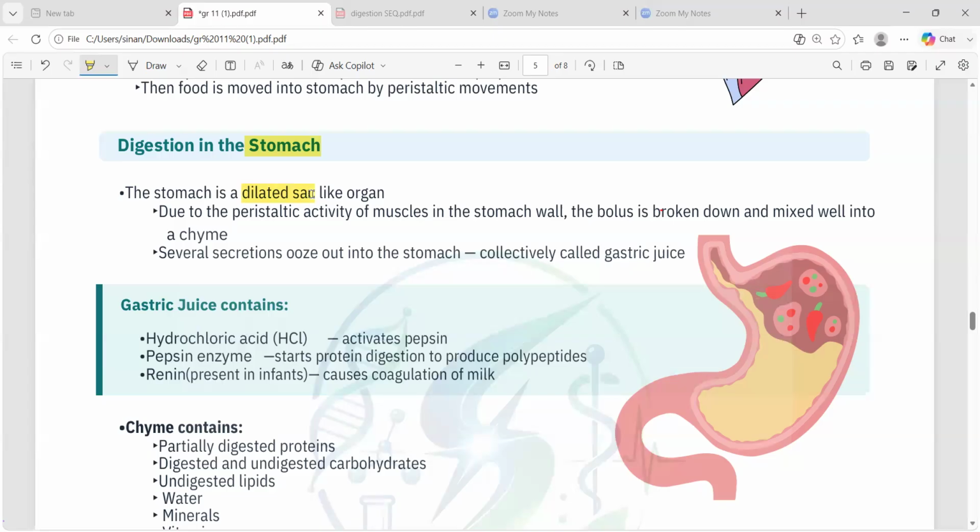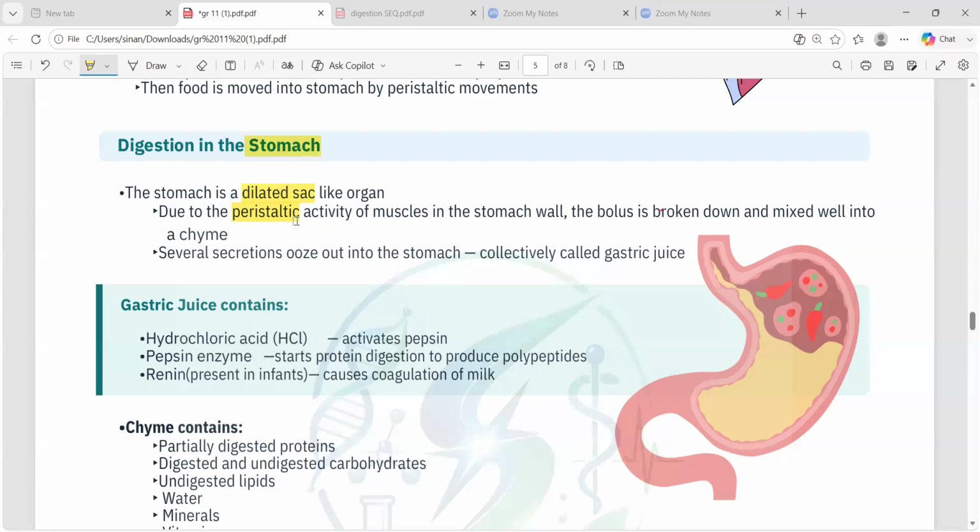This stomach also has what? Peristalsis. Peristalsis is again the alternate contraction and relaxation of the smooth muscles. Up to now we have studied that peristalsis occurs in the esophagus and also in the stomach wall.